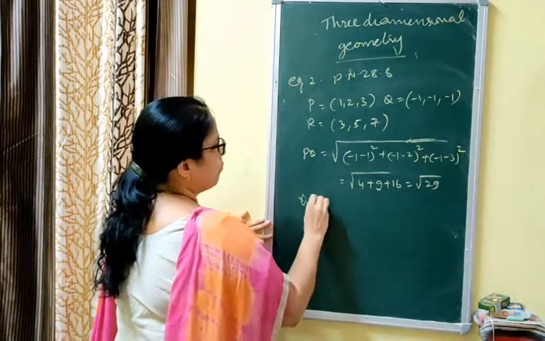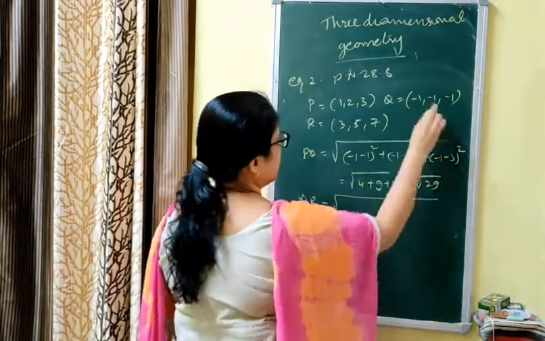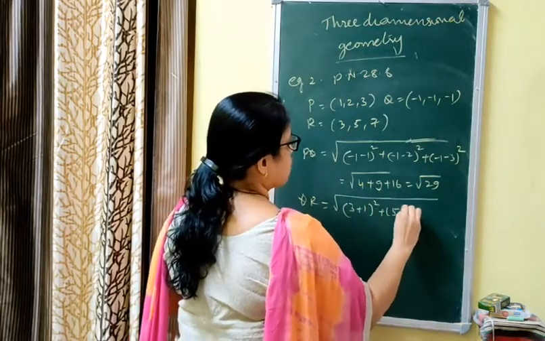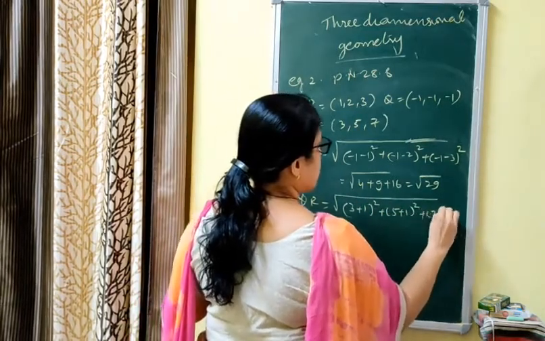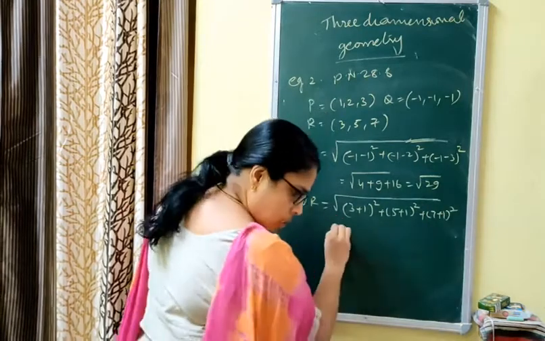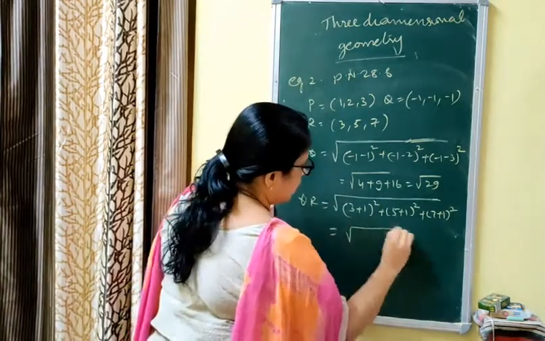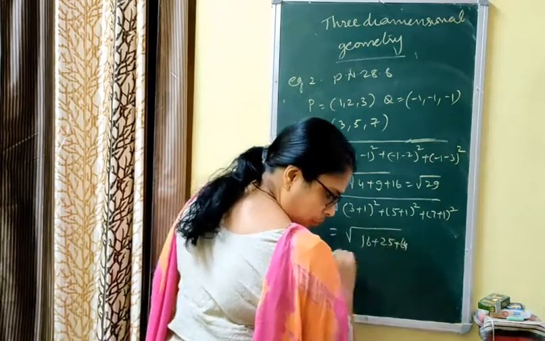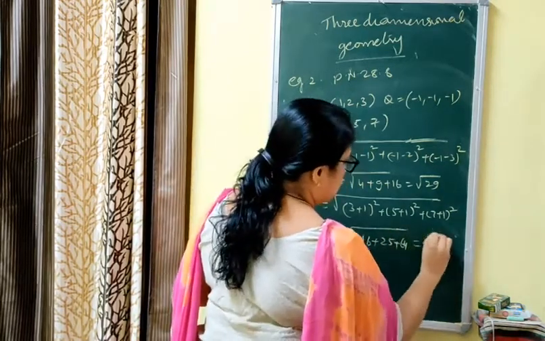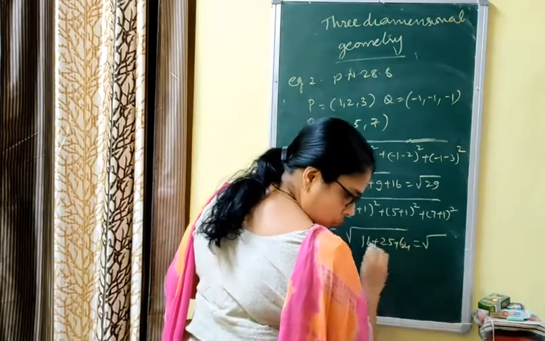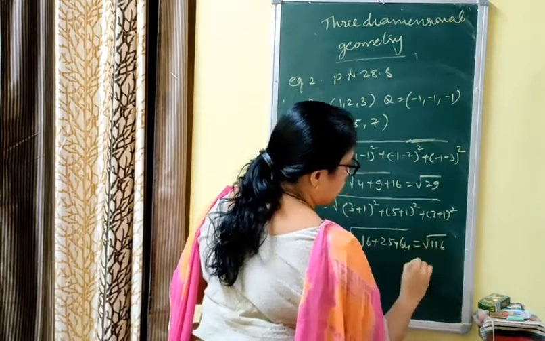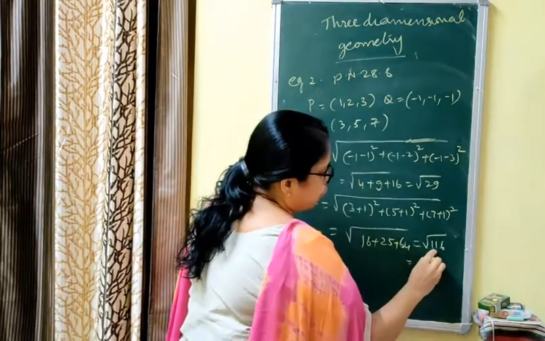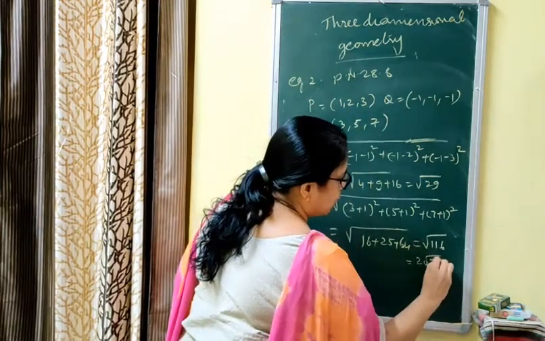Now QR is equal to square root of (3 plus 1) whole square plus (5 plus 1) whole square plus (7 plus 1) whole square, which is root of 16 plus 25 plus 64, that is root 116. Root 116 you can write as root of 4 into 29, that is 2 root 29.